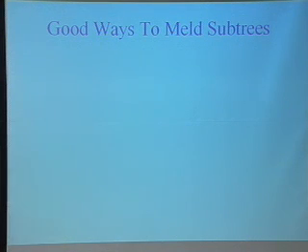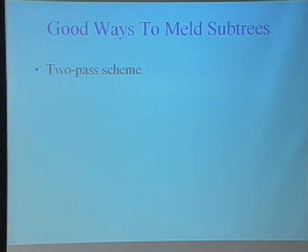There are several good ways to meld these trees, which allow you to prove log n amortized complexity for each of the operations. We'll take a look at two of them. The two-pass scheme and the multi-pass scheme.